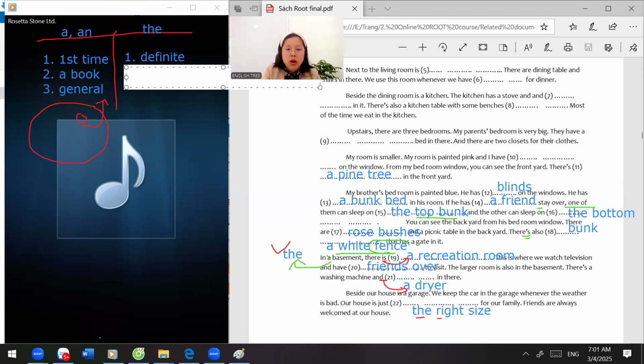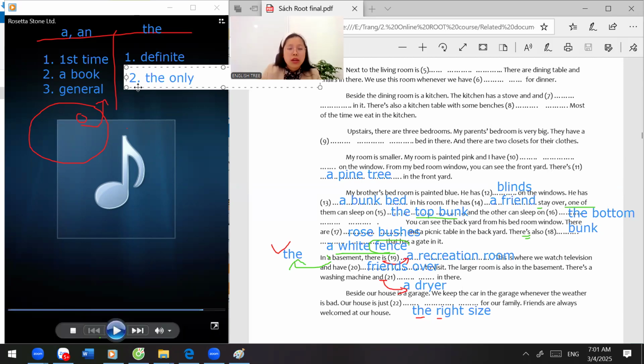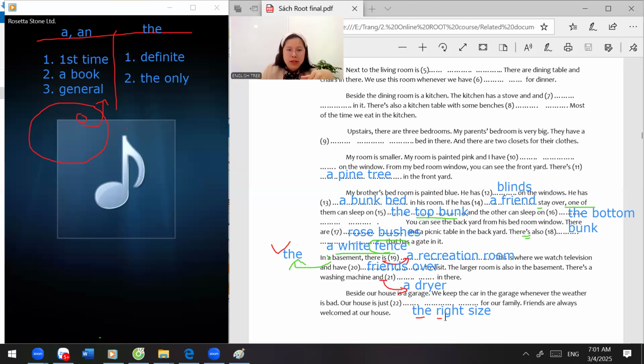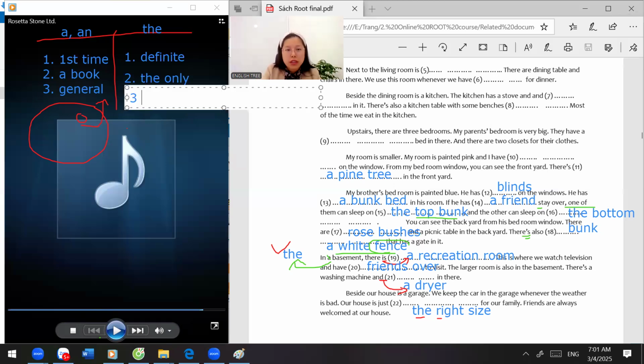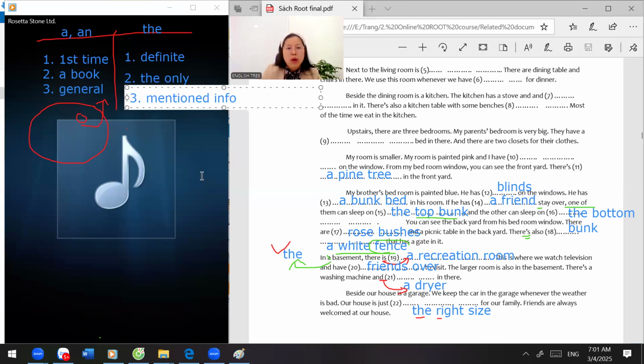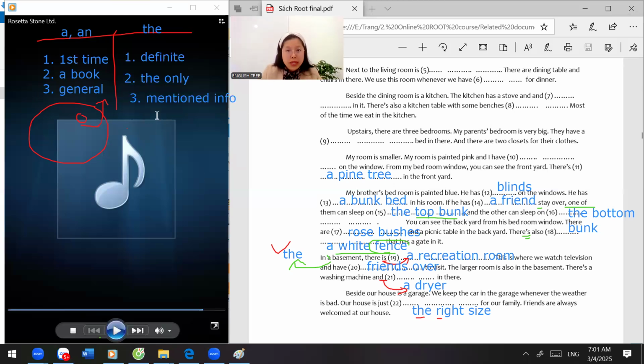Or number two, when we talk about the only one in the world or in the family or in the group that you're talking about, like the right size, only one size can be right, then it's the. And when it's mentioned before, if the information is mentioned already, then we use the to repeat that thing.